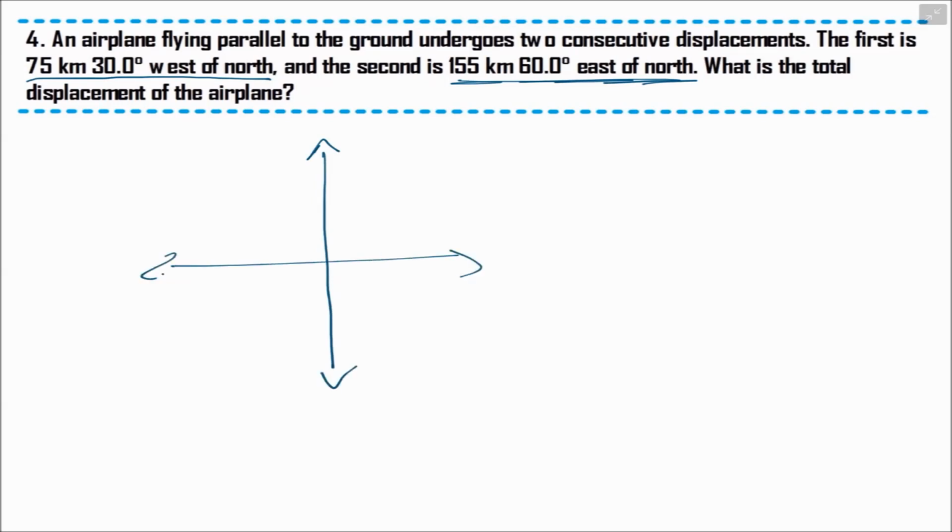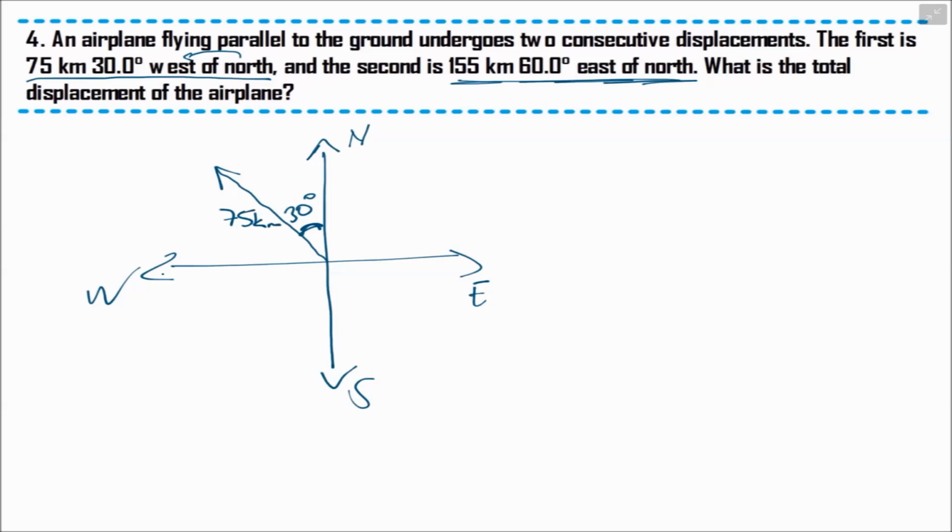And the first one is 75 kilometers west of north. We have north, south, east, and west. We can say west of north is in this direction, but where will the angle be? From north to west. That means the angle will be here. So it is 30 degrees and 75 kilometers.